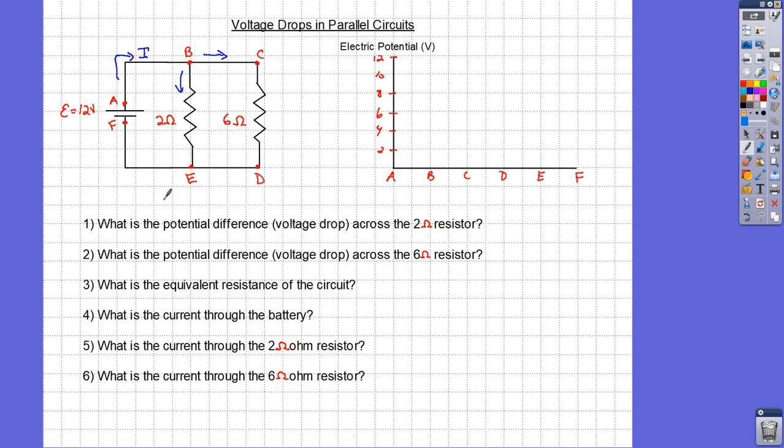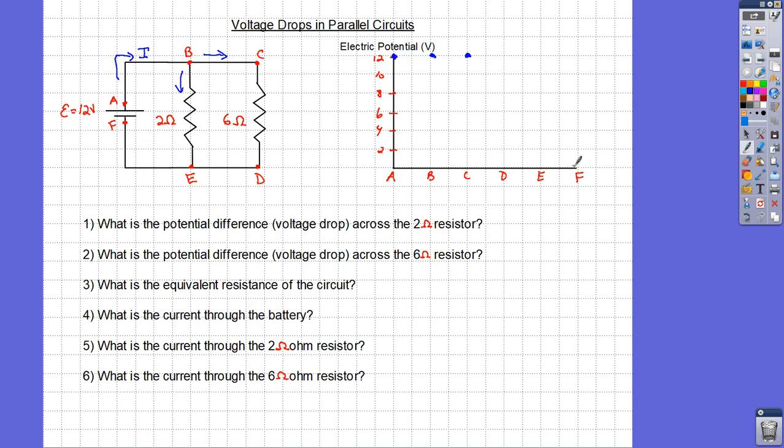So let's say we take the outside pathway. Point A is still 12 volts. A to B, there's no drop there, so that would still be at 12. B to C, we're still going through connecting wires, still no drop yet. Now as the current goes from C to D, it is going to drop. There's an energy cost to going through that resistor, and that's the only drop.